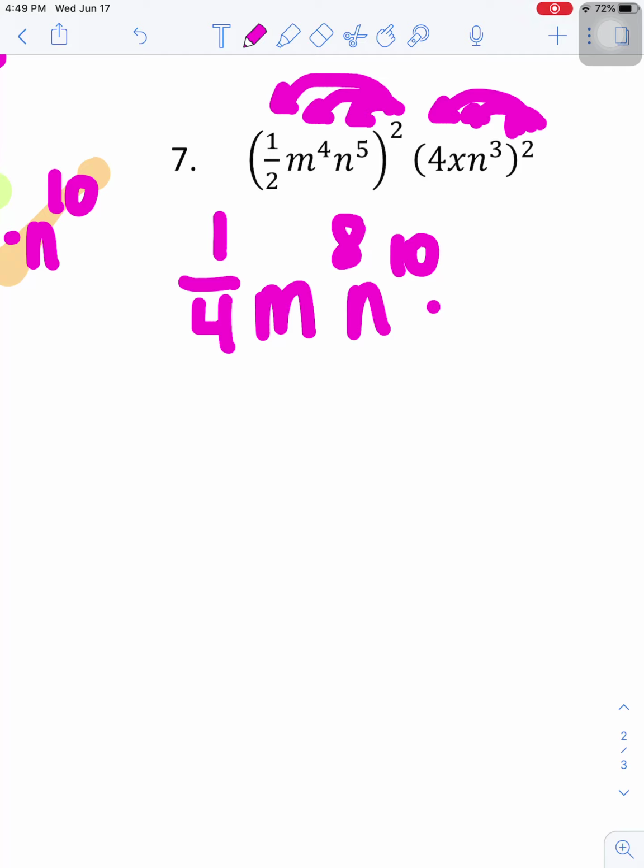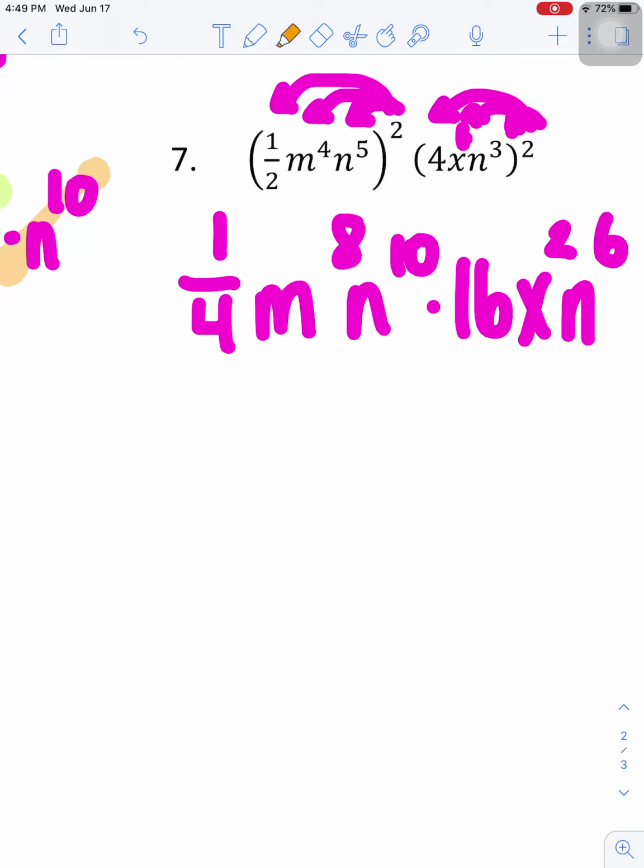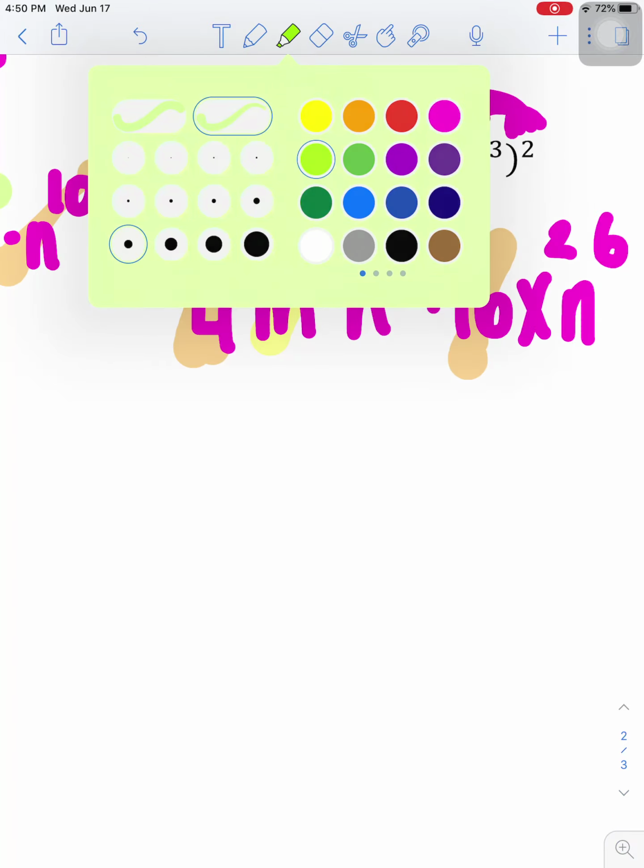Then with our second set of parentheses, you'll have 4 to the 2nd, which is 16. And then you'll have x, which in this case is again to the 1st, and then you raise that to the 2nd, so that's x squared. And then you'll have n to the 6th. And now kind of identify what you have. You have your coefficients. We have an m. That one's all by itself.